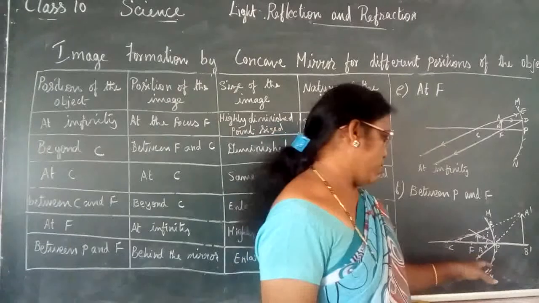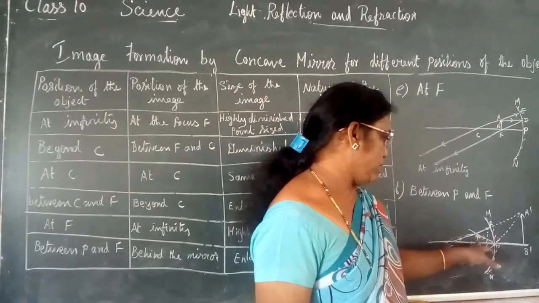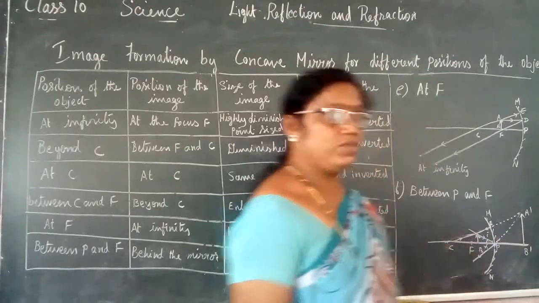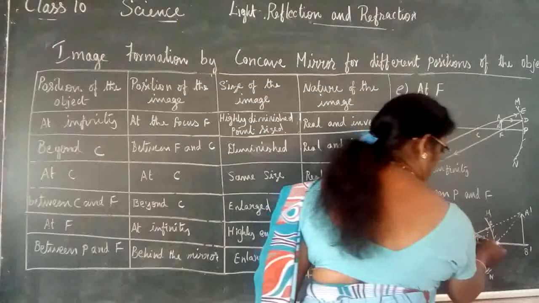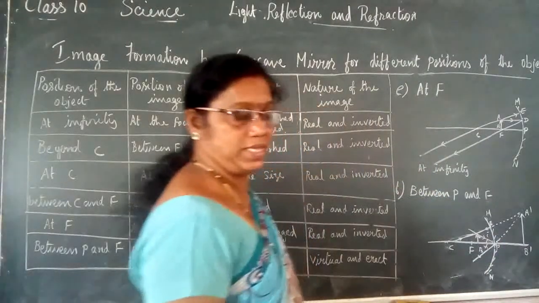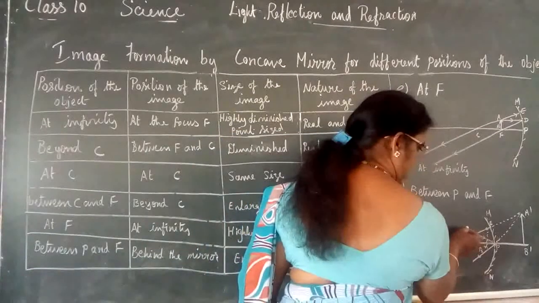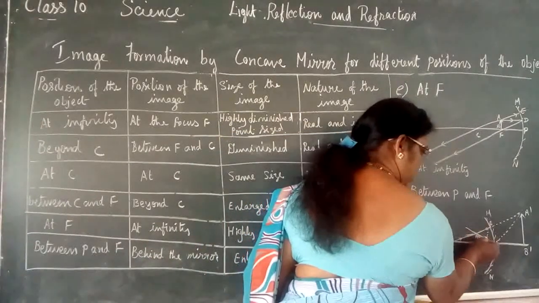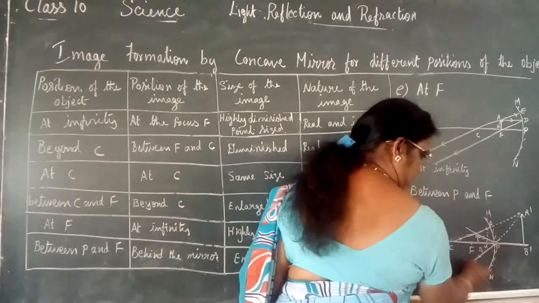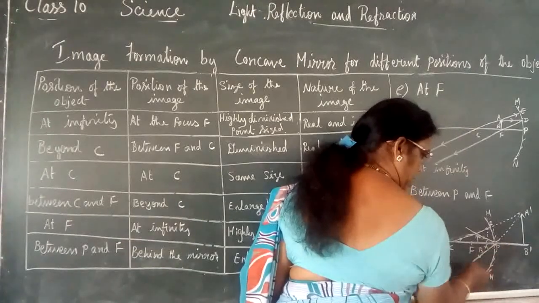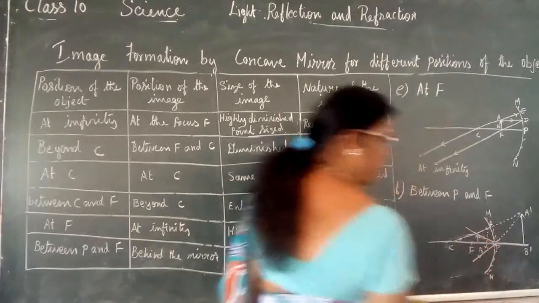Here it is difficult to draw the line which passes parallel. So now we are going to draw the line which is oblique to the principal axis, the fourth rule. According to the fourth rule, if we draw the line which is oblique, after reflection it travels obliquely with the same angle. Angle of incidence will be equal to angle of reflection.